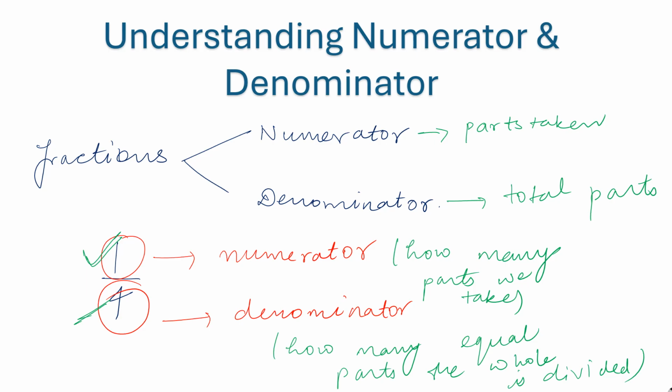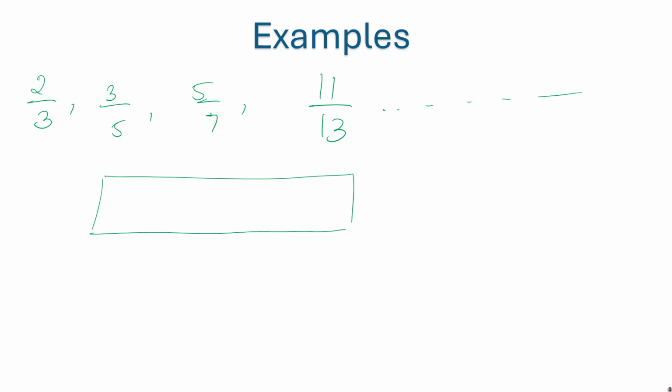Now, in fractions, we have many examples. You can say 2 by 3, 3 by 5, 5 by 7, 11 by 13. There are a number of examples we can have, right? So let's say I have a chocolate and this chocolate has been divided into three equal parts.